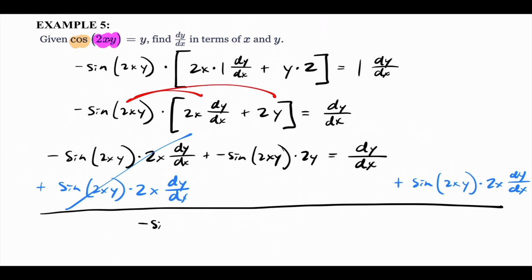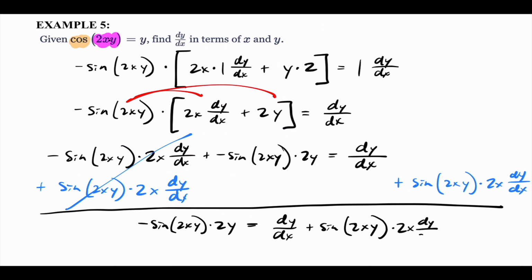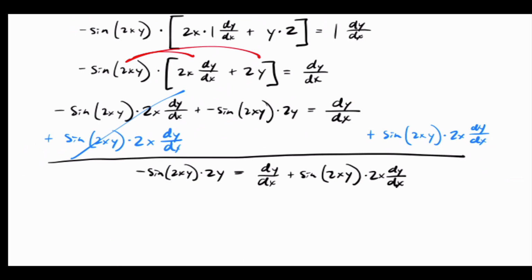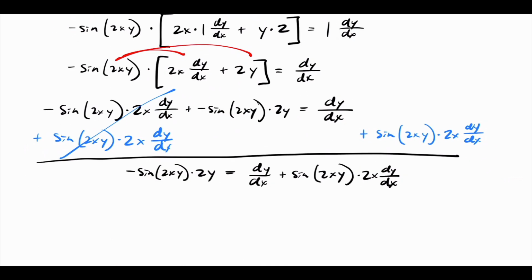So I get negative sine of 2xy times 2y equals a single dy dx plus the other term. Now my dy dx is on the right.